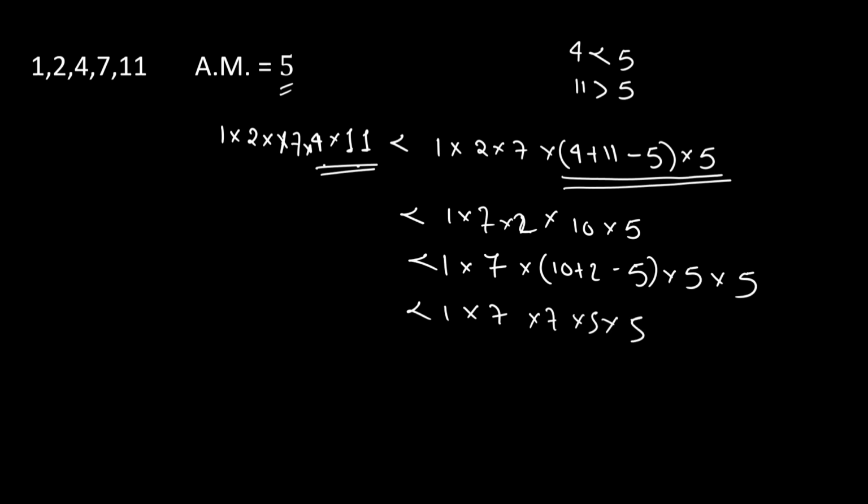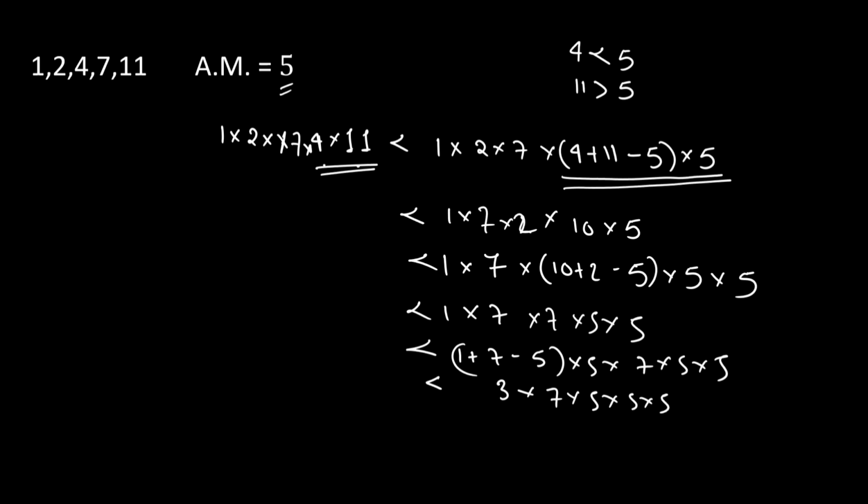Now here let us write (1 plus 7 minus 5) times 5 times 7 times 5 times 5. And we get 7 plus 1 is 8, 8 minus 5 is 3, times 7 times 5 times 5 times 5. In this way, at last we will get 5 raised to the power 5, one more 5 here.